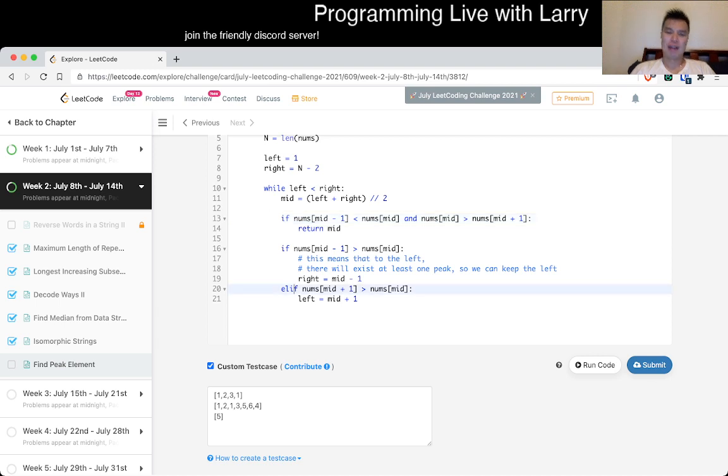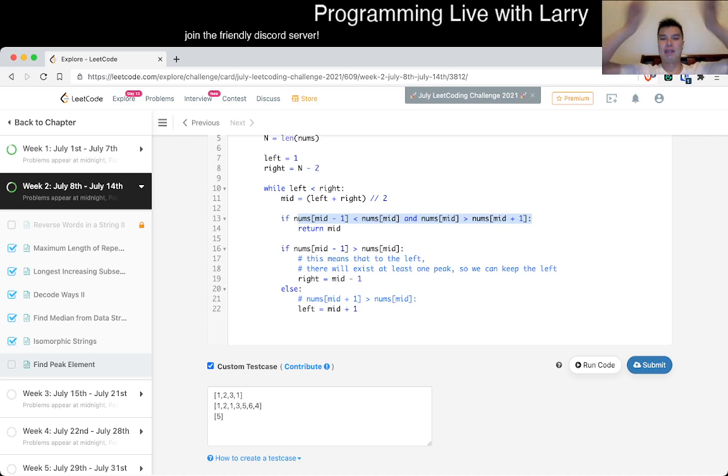So I think we can translate this to else, since this is the only case left. If this is not the case, then one of these two has to be true. Yep.